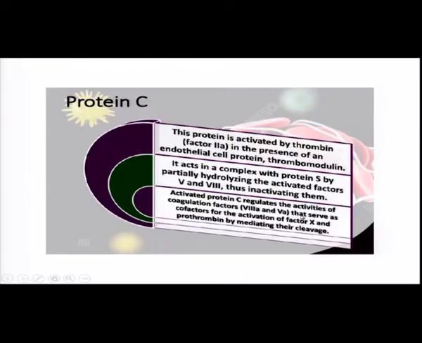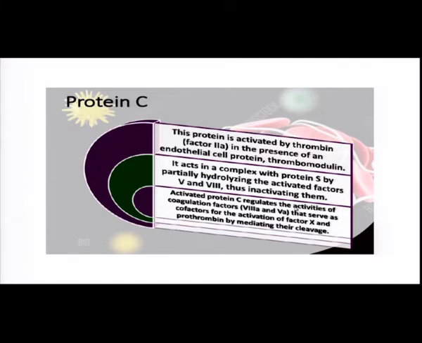So the activated form is written with a subscript, called 2a, 5a, 8a. Now this is activated by thrombin in the presence of endothelial cell protein and thrombomodulin. Yeah, you do have other proteins as well. Now we are enumerating all the key proteins involved in the pathway, and their role is, I would say, very focused on what they are really acting upon.